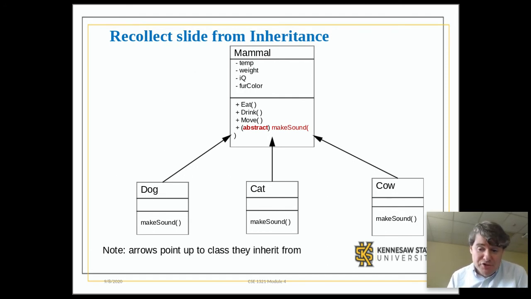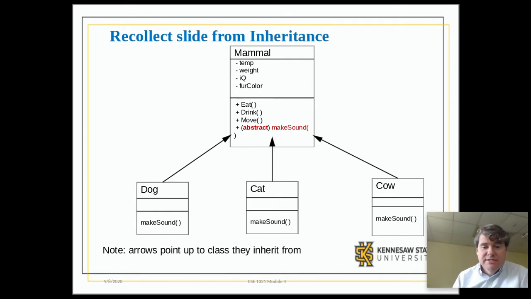The thing that makes it abstract is our next line in red, where we say abstract make sound. There is no definition of how make sound works inside of Mammal. We are simply saying there will be a method called make sound that has to be implemented in anybody who wants to be a child of this parent. So in our example down below, we have dogs, cats, and cows, and all three of them have to implement make sound if they want to inherit from Mammal.